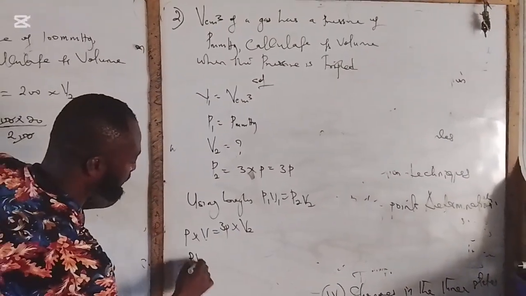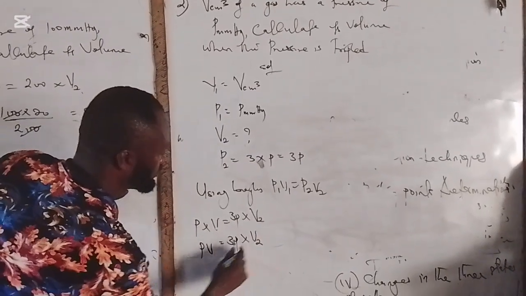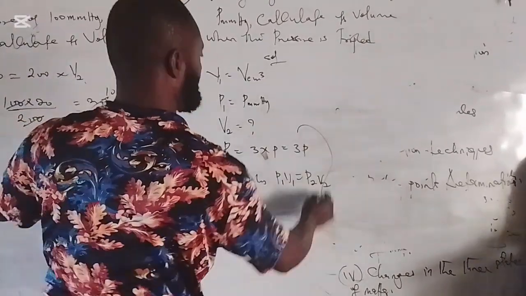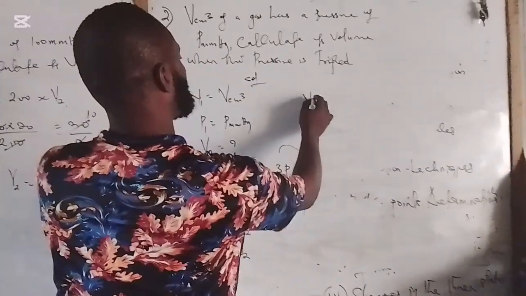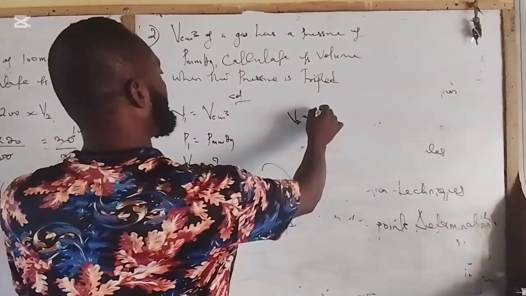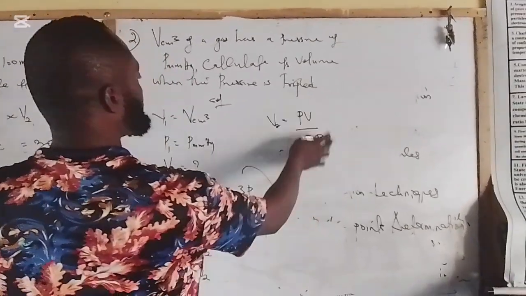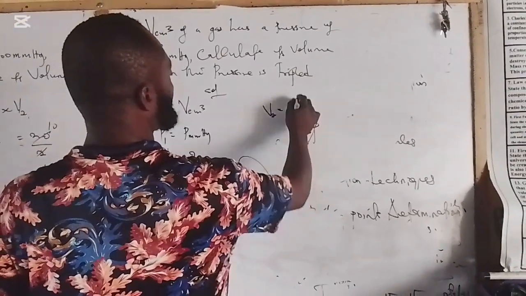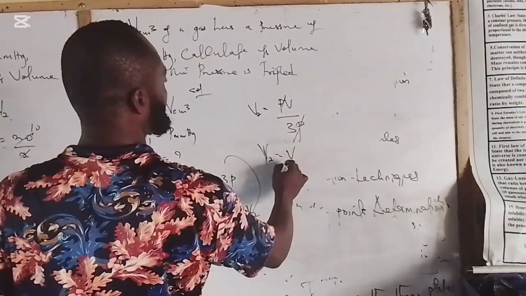P times V is PV equals 3P times V2. So now, making V2 the subject of the formula, V2 equals PV over 3P. In this equation, what they have in common is P, so P cancels P. We now have that V2 is equal to V over 3.